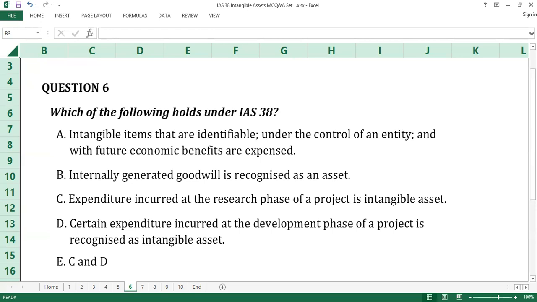E. C and D. Time counts. Ten seconds gone. Twenty seconds gone. Time up.